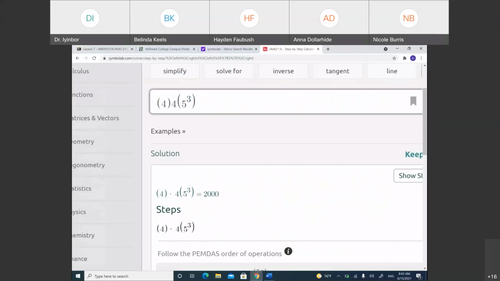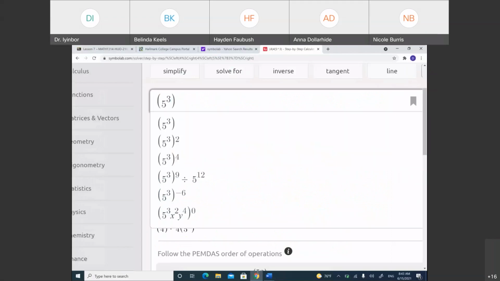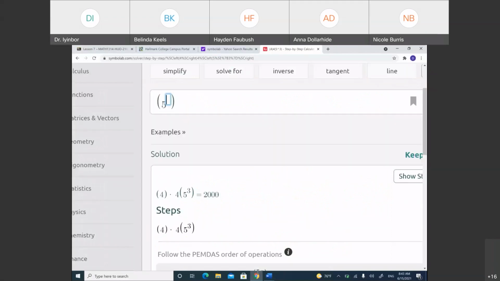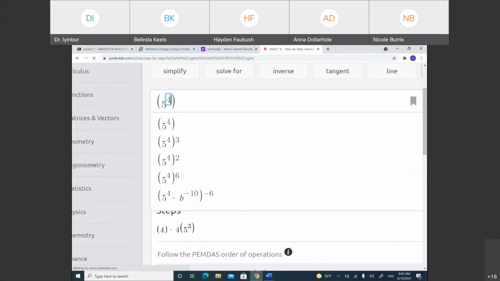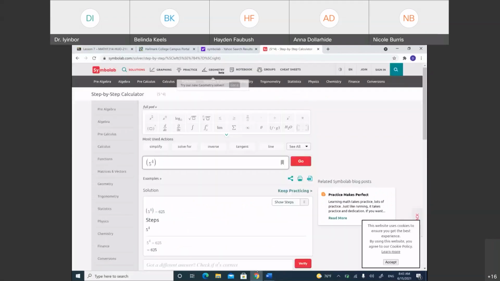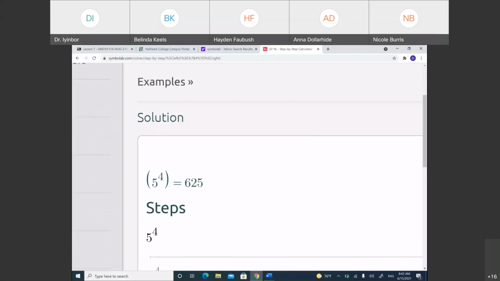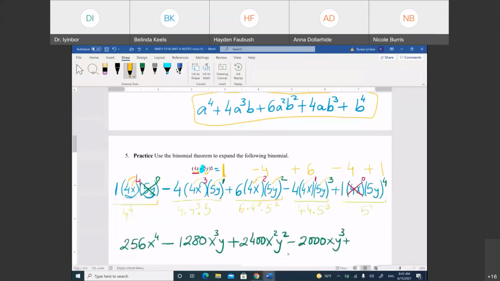Oops, deleting this, and I'm just going to do 5 to the 4th power, is 625, okay? We have plus 625, and then y to the 4th, because this 4 is for both of those, right? And that's my final answer.